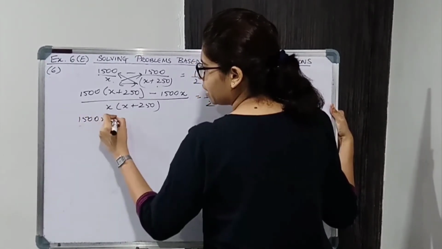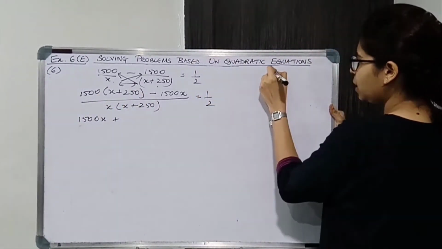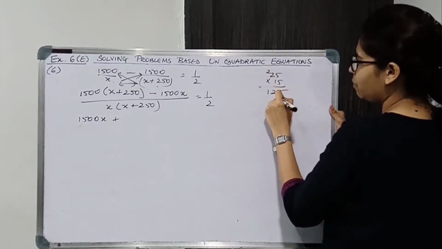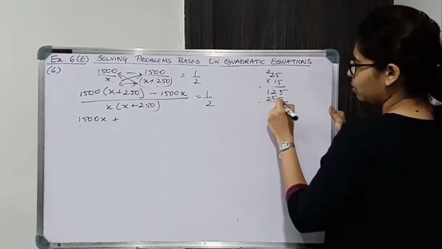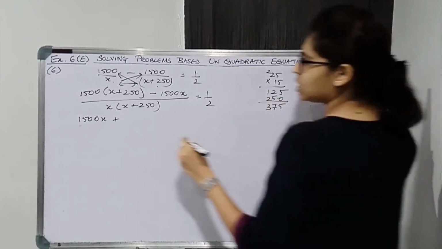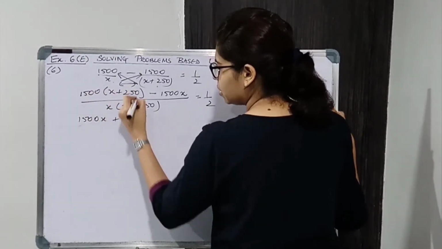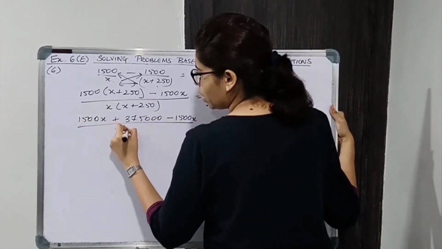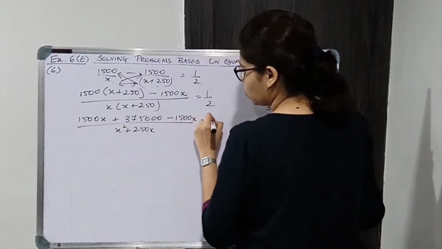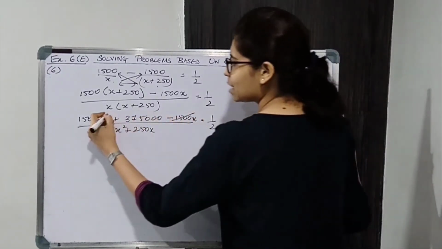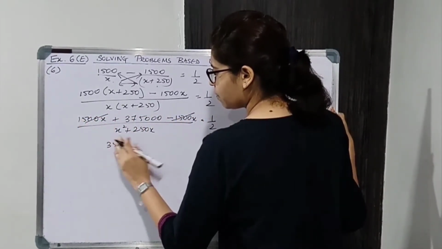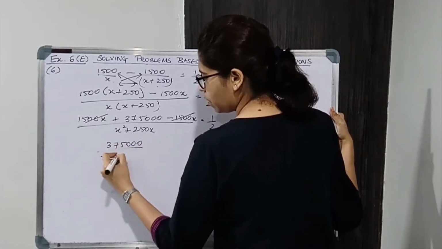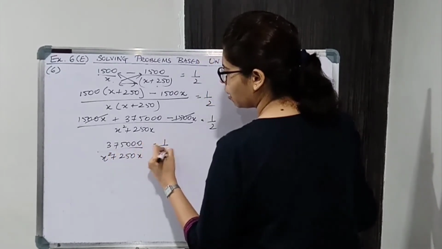So 1500x plus 1500 into 250. So 25 into 15. 5 5s are 25, 5 2s are 10, 12, 5 2. So that will give 375, and there are 3 zeros. Minus 1500x upon x square plus 250x is equal to half. This will cancel. So 375,000 upon x square plus 250x is equal to half.